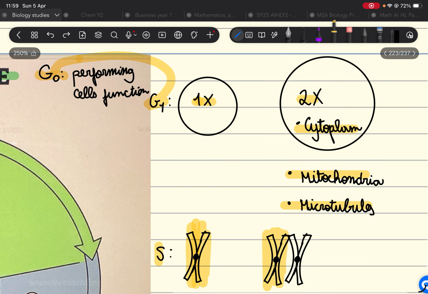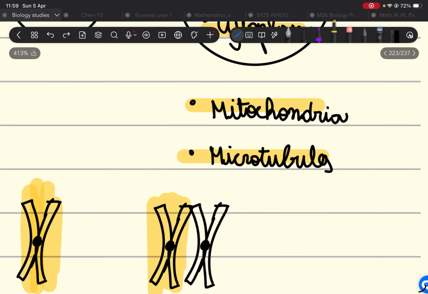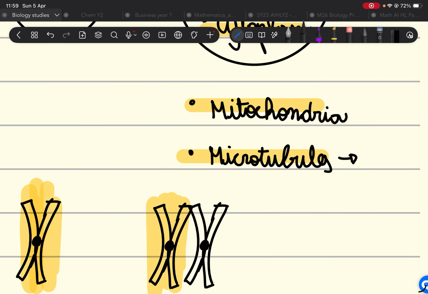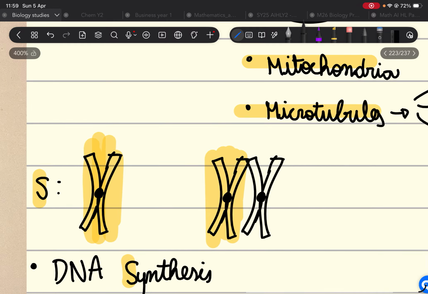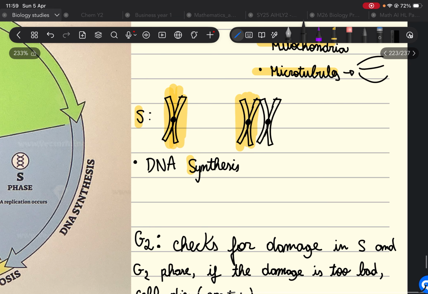So we have the G1, we double the cytoplasm, double the organelles, double the microtubules, which is really important because they make what we call the spindle fibers. And these spindle fibers are what attach to the centromere and pull the chromosome apart.